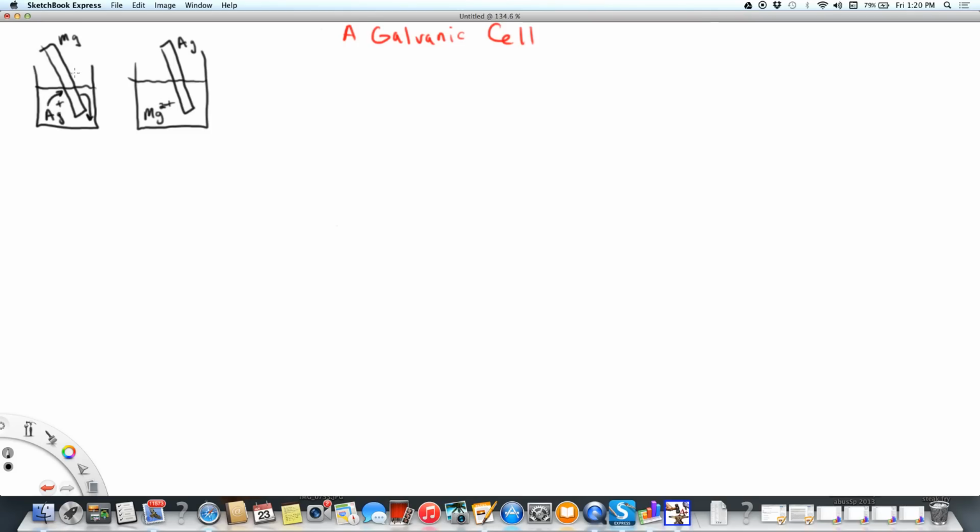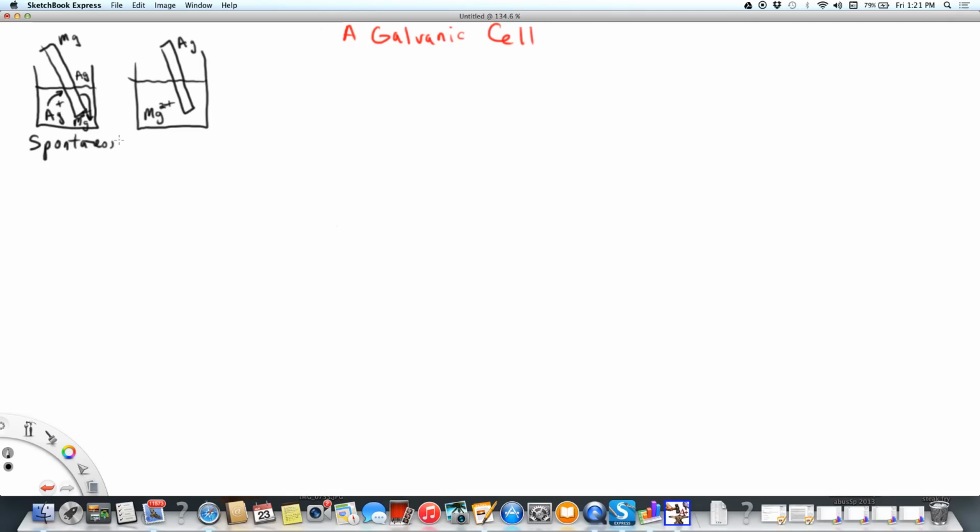So the silver ions are going to become silver metal, and the magnesium is going to become magnesium ions. You might remember from an earlier chemistry class that magnesium is more active than silver. So this is going to be spontaneous.